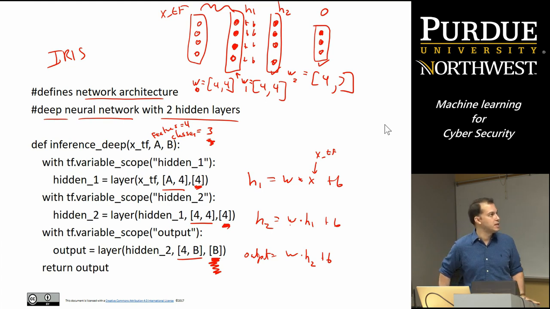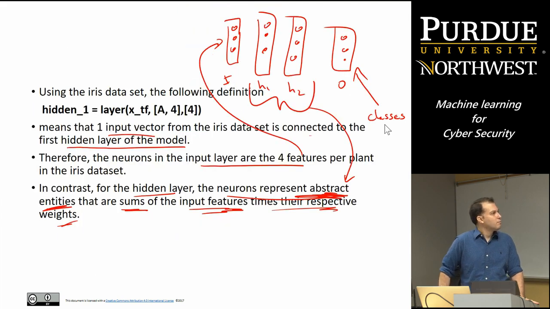All right, so this is an example of 2 hidden layers. Here, using the iris data set, the following definition means that one input vector from the iris data set is connected to the first hidden layer of the model. Therefore, the neurons in the input layer are the 4 features per plant in the iris data set.